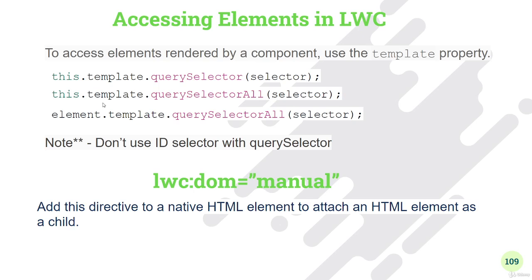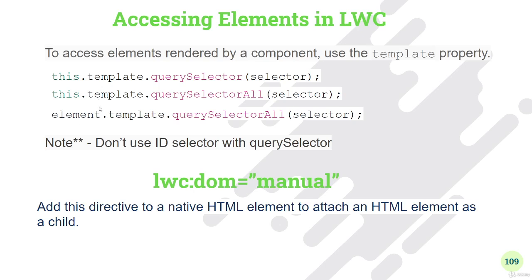Similarly, if you want to fetch all the elements that match the selector, we use query selector all, and it always returns a list of nodes, which is not exactly an array but a NodeList. And we can use element.template as well. Instead of this dot template, you can fetch the first element and then run your template query selector all on it. We'll see all this in an example in a minute.